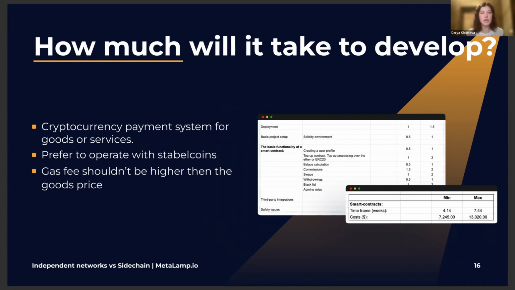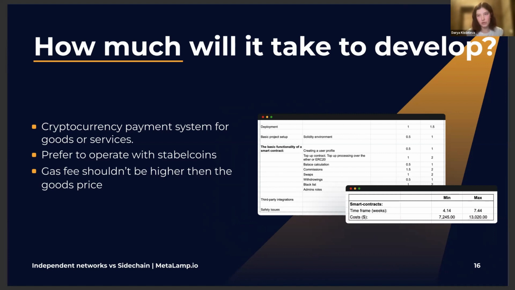Do we need to understand at this stage which network we are operating in? Yes, we do. Because the application will operate not with its own tokens, but with those that have already been in use for a long time. What is important to us here? Goods and services are different, and their cost can also be different.